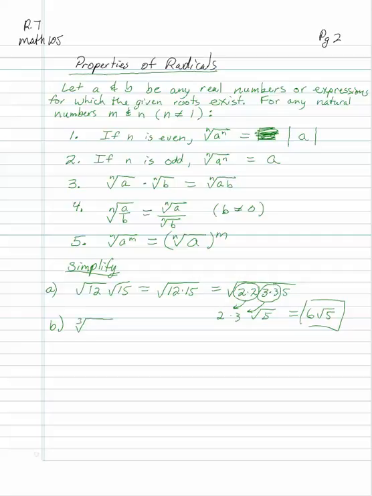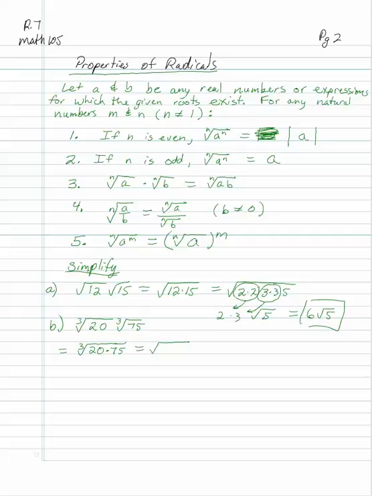Cube root of, say, 20 times the cube root of 75. So again, they're both cube roots, so I'm going to put them inside. 20 times 75.